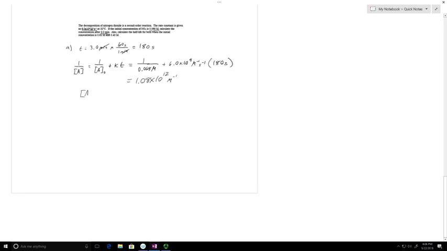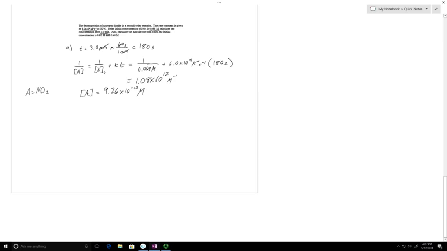So the final concentration of A, where A is equal to NO2 for clarity's sake, is equal to 9.26 times 10 to the minus 13 molar.